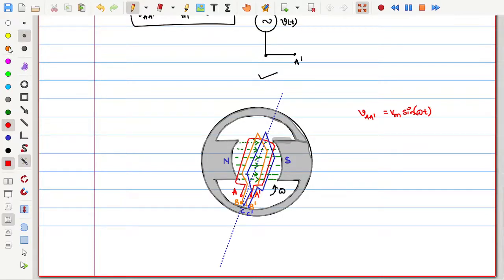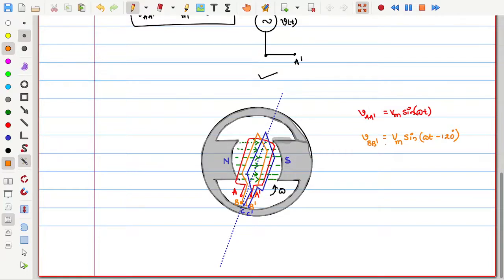Now observe the voltage in the B dash coil. Let us assume the same magnitude Vm and the same sinusoidal sin omega t, but this second coil has a certain lag, like the lagging and leading concept I introduced previously. The B dash coil is physically lagging the A dash coil by, let us say, 120 degrees.